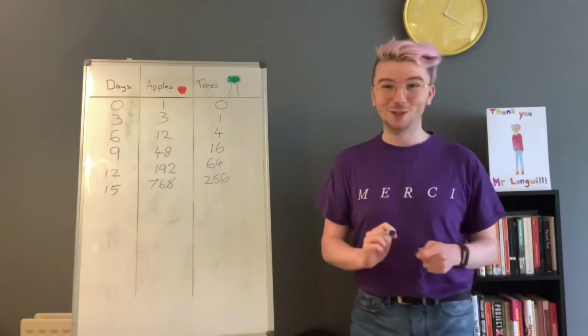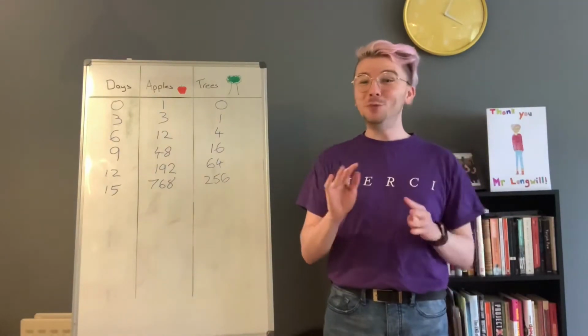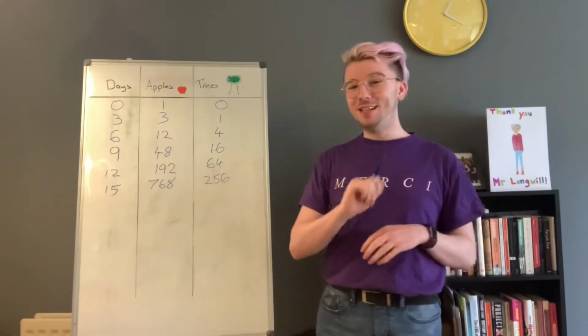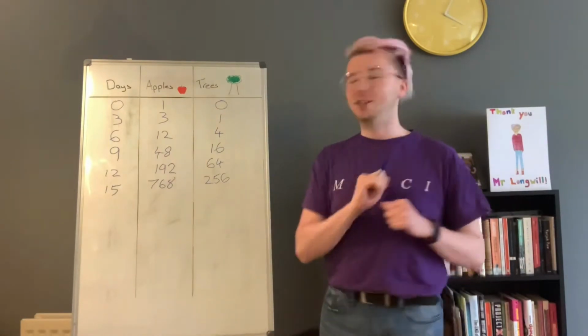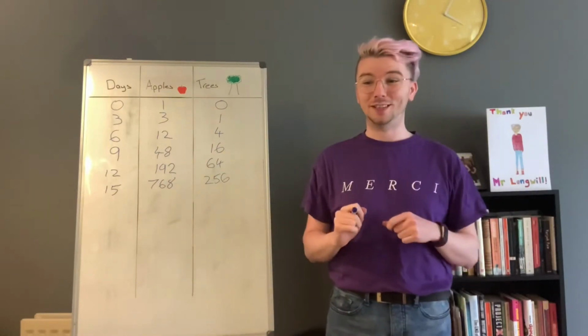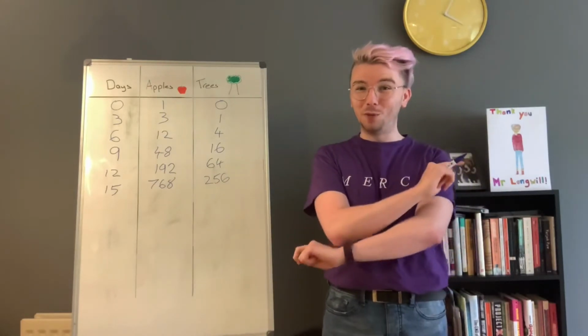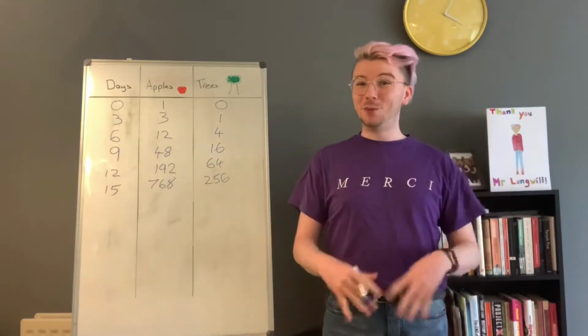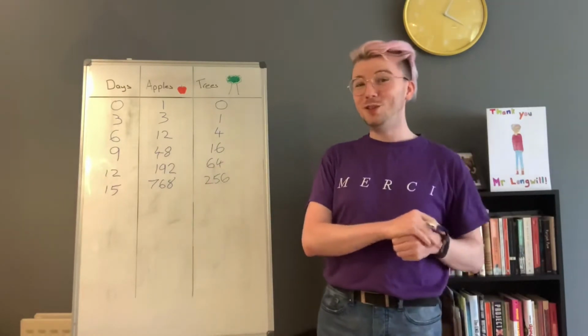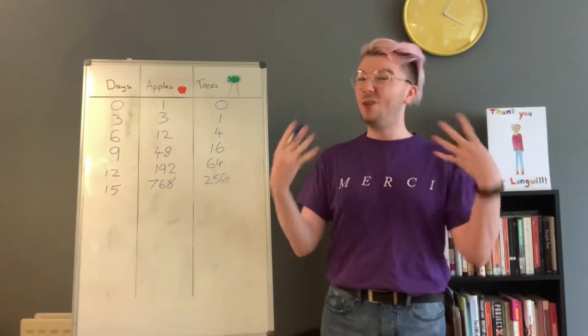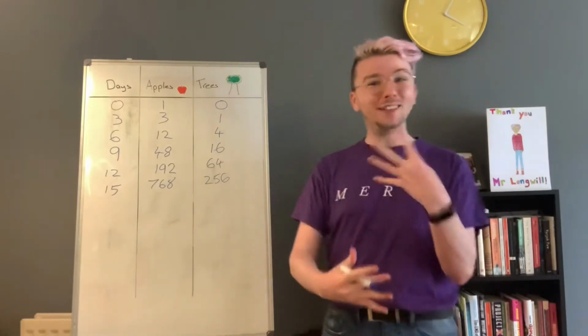Yes, 768. So for our medium problem, at day 15, we have 768 apples and 256 trees. Now, for our hot problem, as you can tell, the numbers are getting bigger and bigger and bigger. But we need to know the solution to our mild and medium problems in order to get to the hot one. So let's keep going.